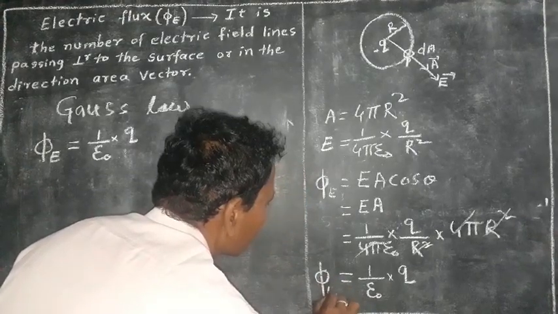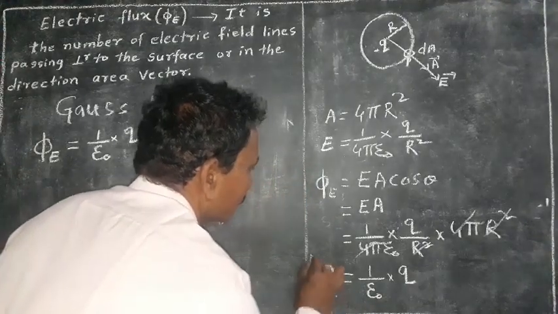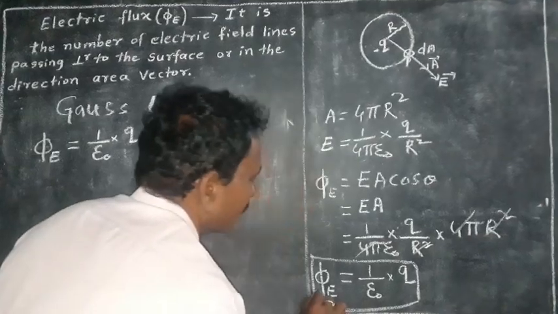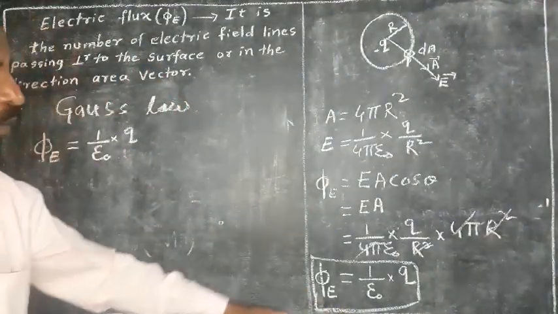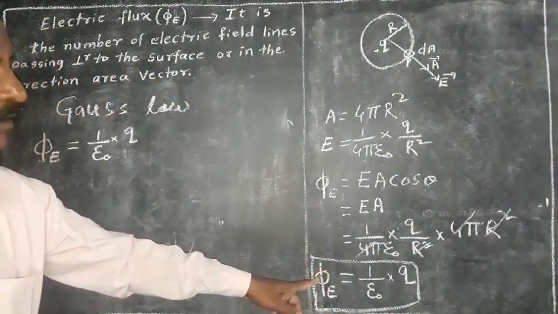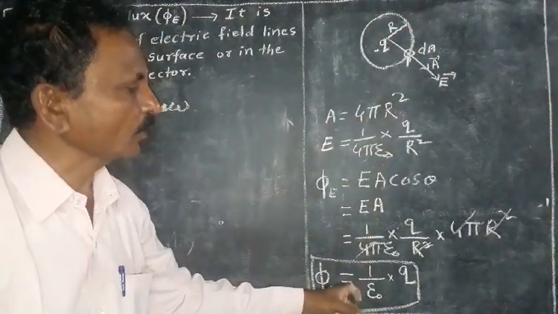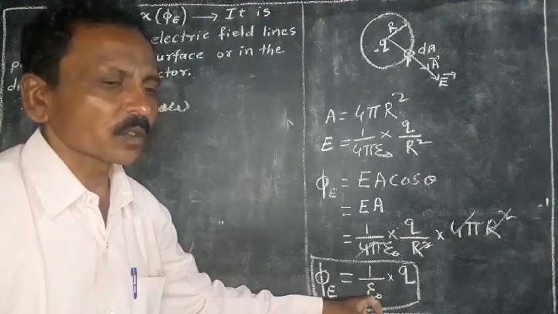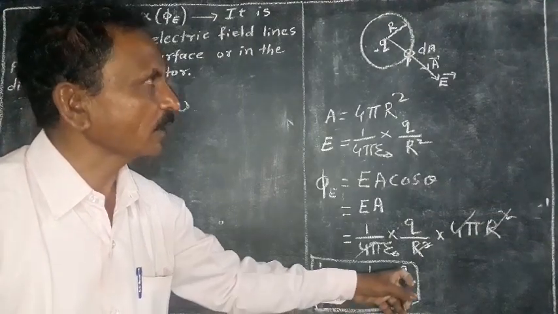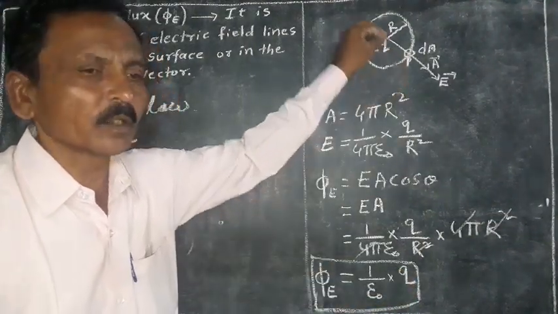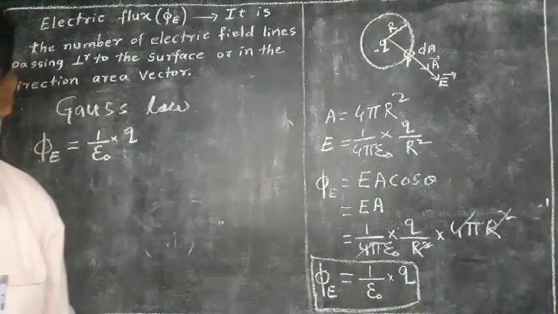This is Gauss law. According to Gauss law, total electric flux through a closed surface is equal to 1 upon epsilon naught times the net charge, the total charge enclosed by that surface.